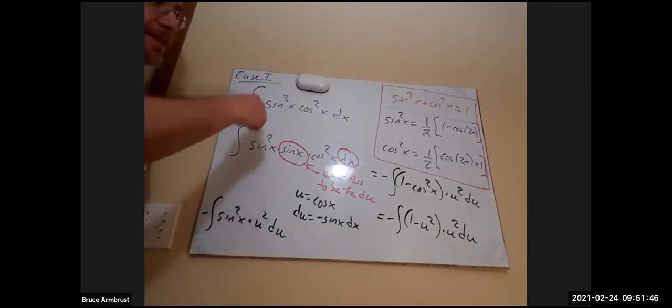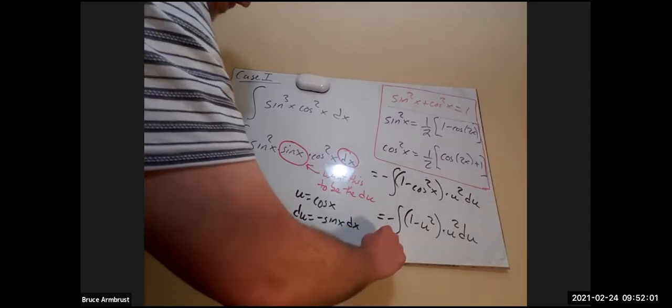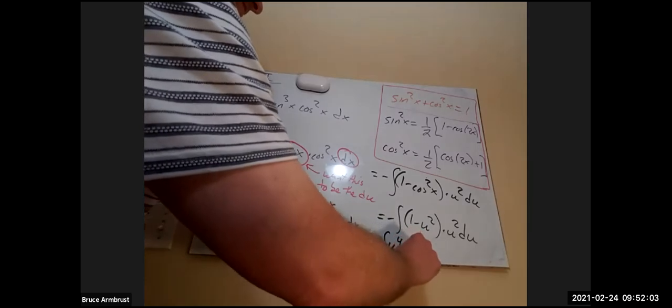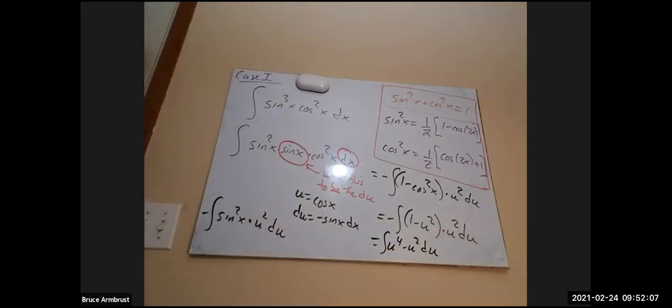And so I was able to take this trig integral and do a u substitution on it. And it turned into this. Let's go ahead and finish this out. This is the integral of u to the fourth minus u squared, if you distribute.